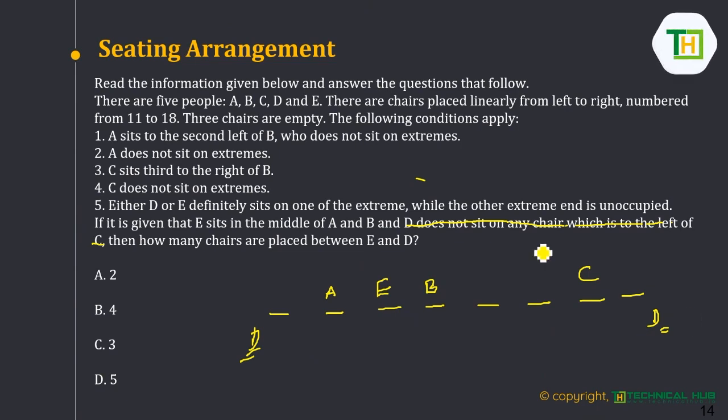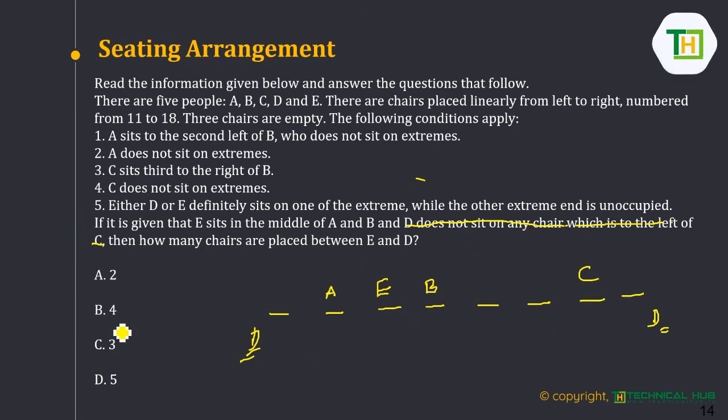D does not sit on any chair which is to the left of C. One chance is 2 and one chance is 3.